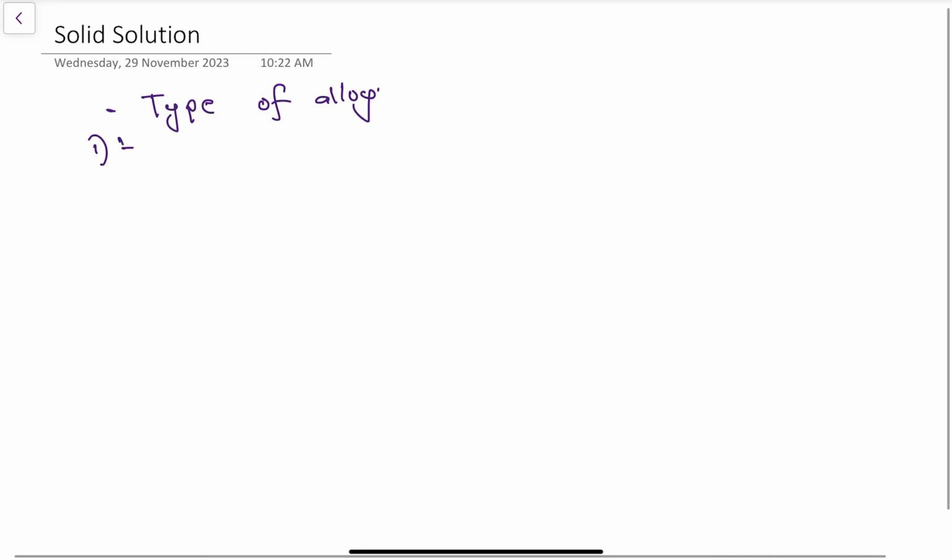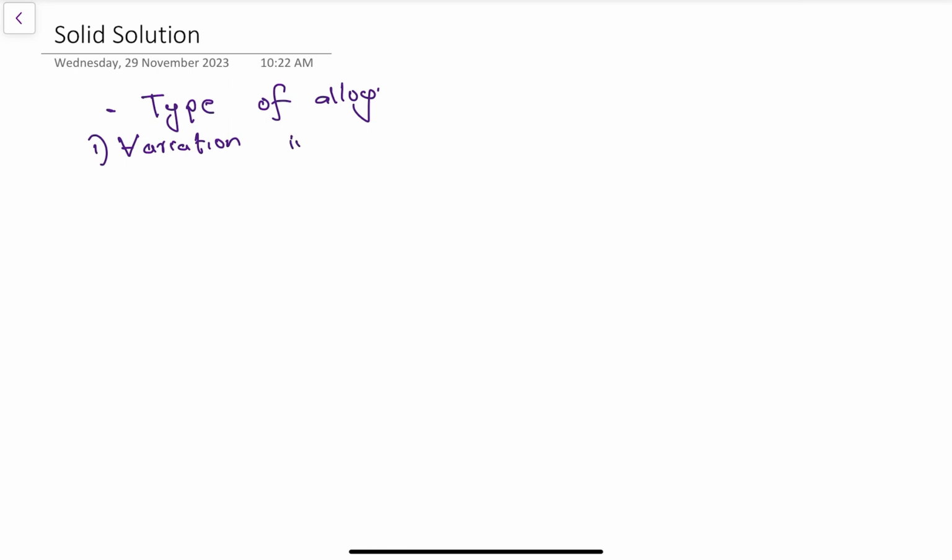In solid solution, the first point is that variation in composition is possible. We have seen examples like copper nickel alloy. In copper nickel alloy, you can have any combination of copper and nickel, but in some other alloys, it is not possible. We will see why it is like that.